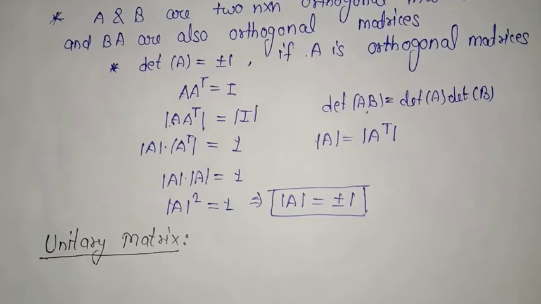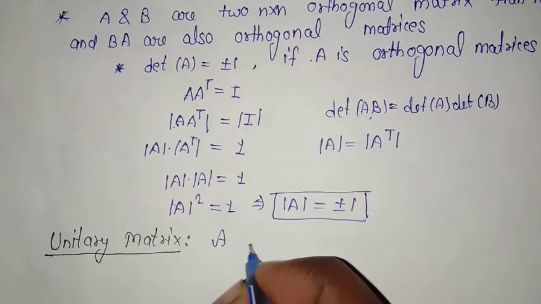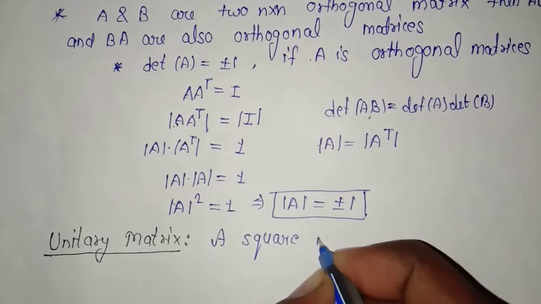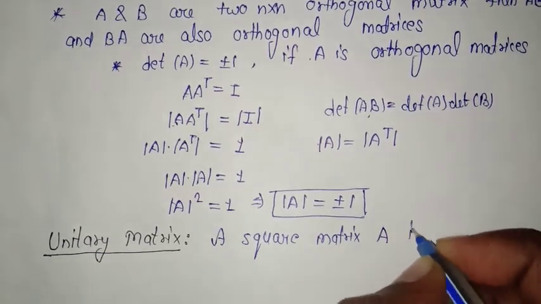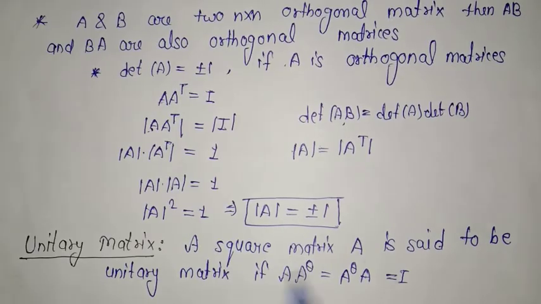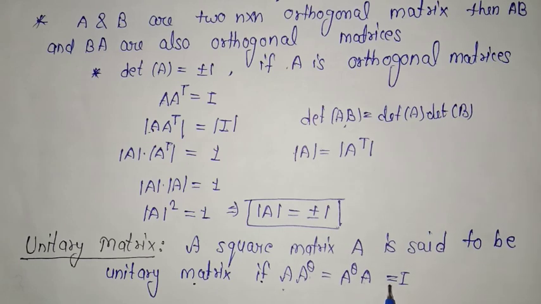So let's start the definition of unitary matrix. A square matrix A is said to be a unitary matrix if A conjugate transpose multiplied with A is equal to A multiplied with A conjugate transpose, which is equal to identity.